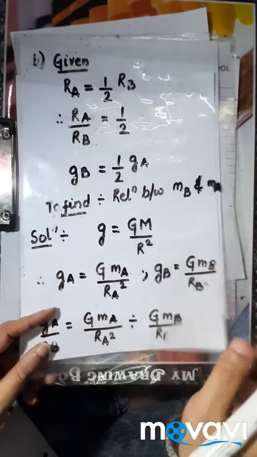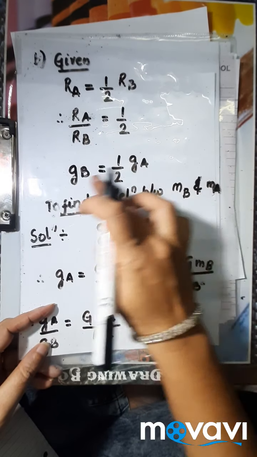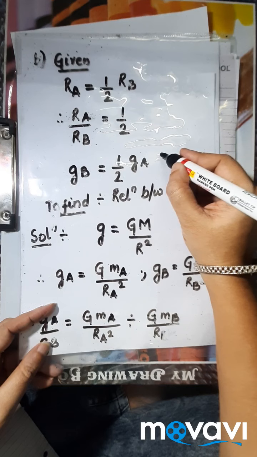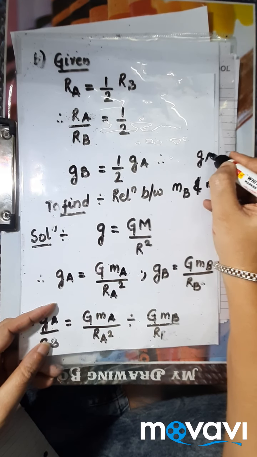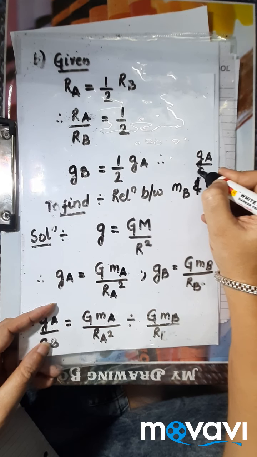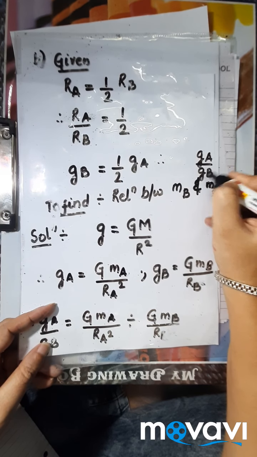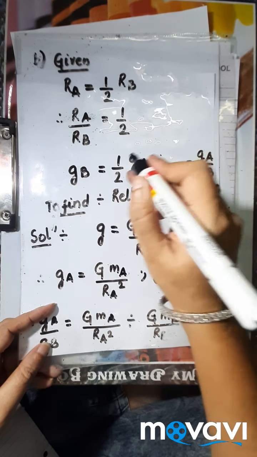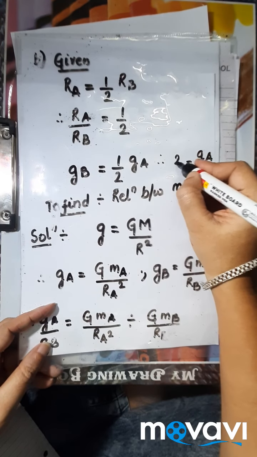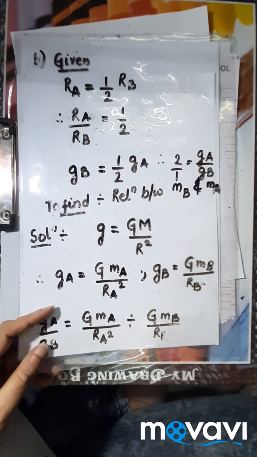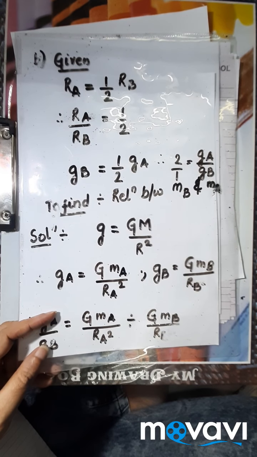Now boys, just pay attention. See, this is my GA and this is my GB. I want to find out how much is my GA upon GB. Now how much is my GA upon GB? This GB comes down, so this will go on top. So this becomes 2 upon 1. Correct? Yes or no?